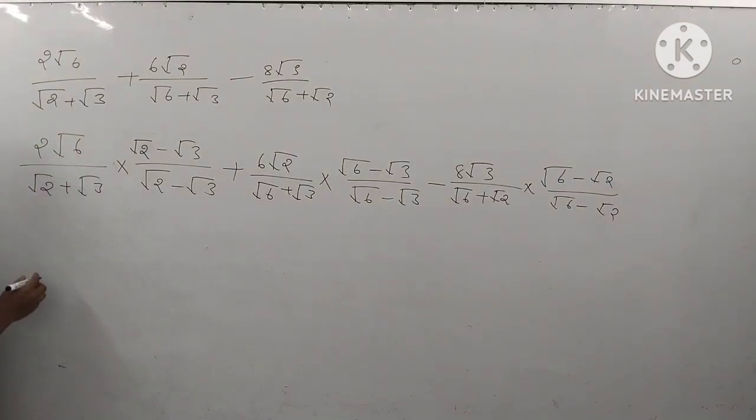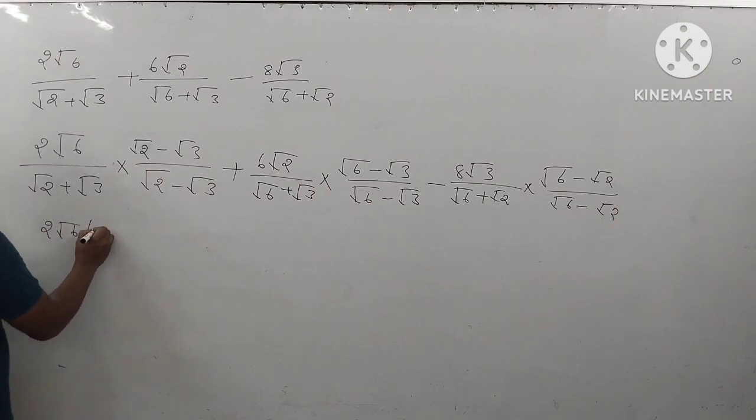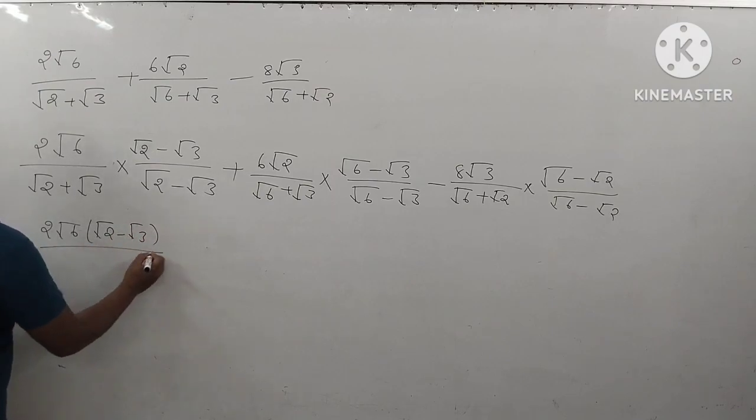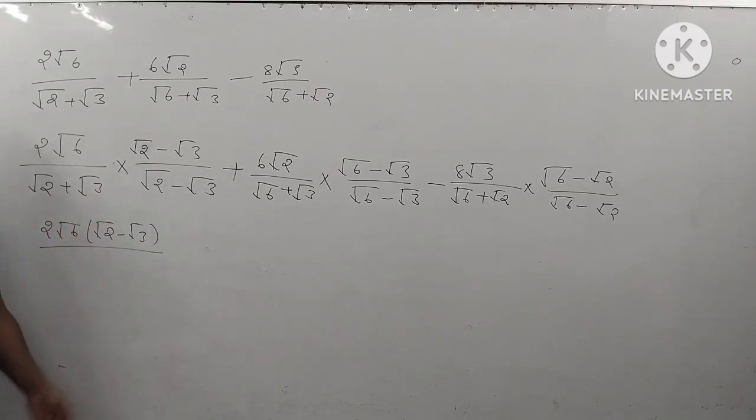Now we multiply these terms. 2 root 6 into under root 2 minus under root 3, and by applying (a plus b) into (a minus b), we get the square root of 4 is 2 and the square root of 9 is 3. If we subtract 3 from 2, then I get minus 1.